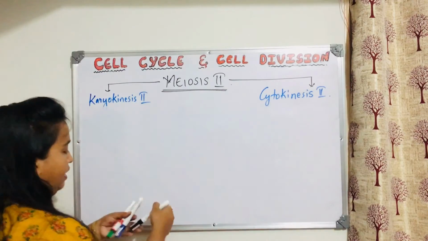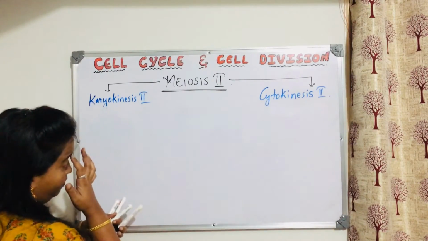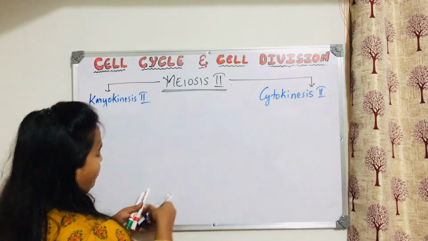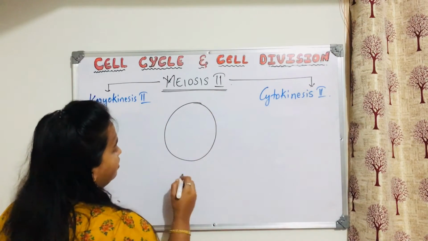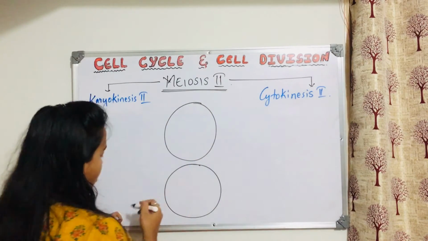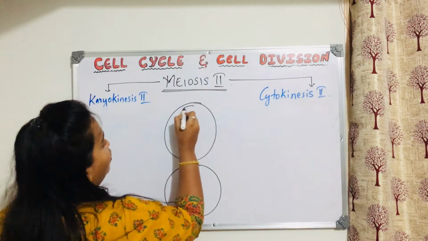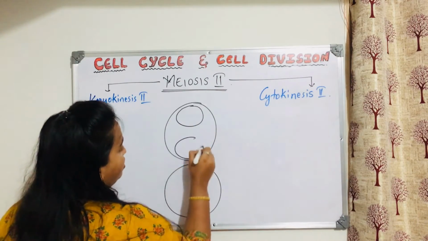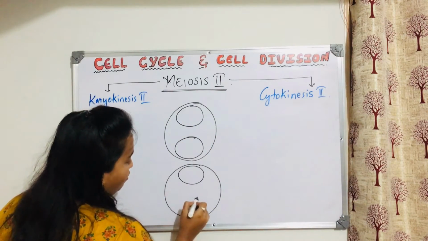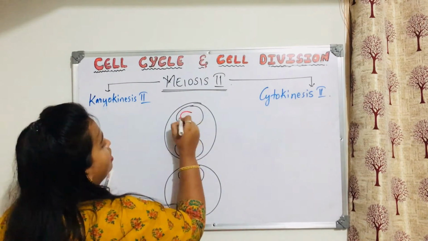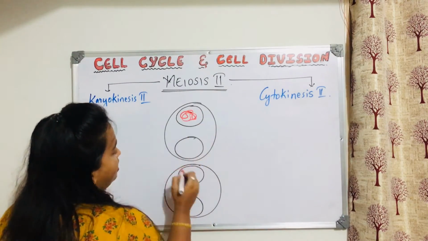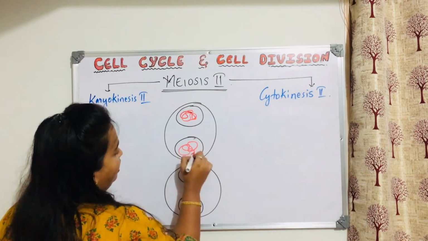So what will happen? Here I'm going to show that. Those were the 2 cells. In one cell, nucleus was formed on both the sides, and what we saw is there was decondensed chromatid.